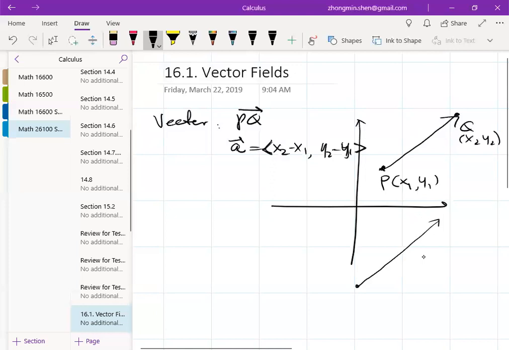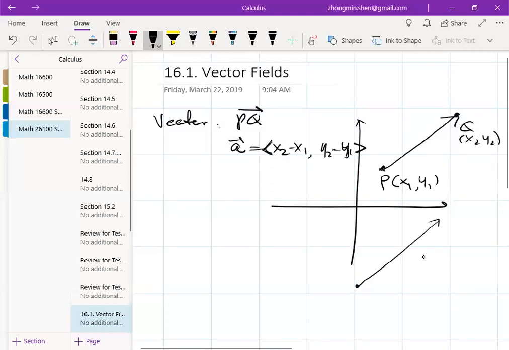Given P and Q and the direction from P to Q, you get A. But conversely, given A, you have a bunch of vectors all over the space, unless you already know the starting point. Clear? So that's 2 different ways to describe a vector.